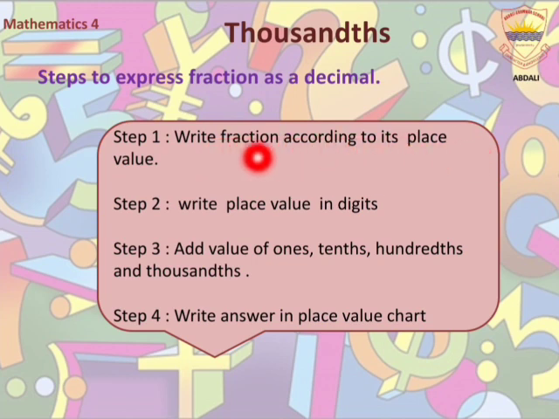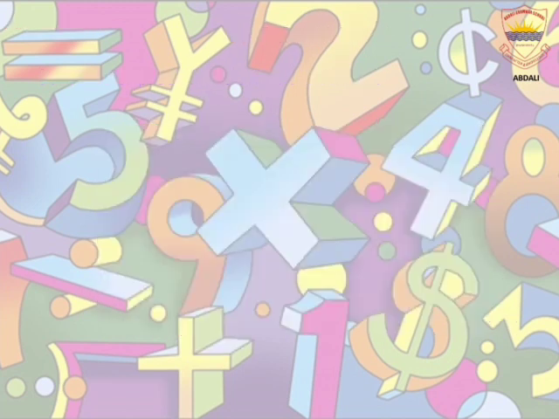Step 2 is write place values in digits. Step 3 is add the values of ones, tenths, hundredths, and thousandths. Step 4 is write the answer in a place value chart.